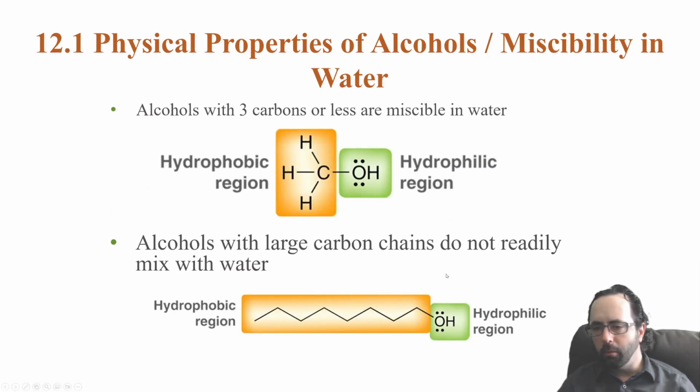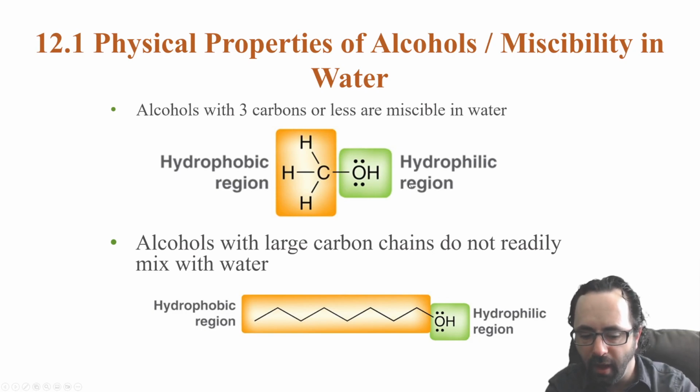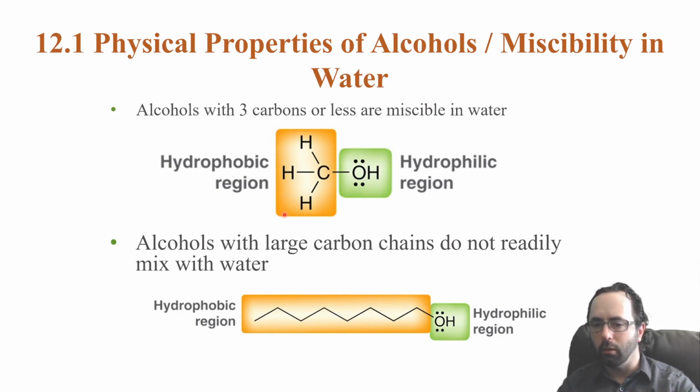In terms of solubility, molecules will dissolve in one another or mix well when they have similar overall polarity. With alcohols, depending on the size of the hydrocarbon chain, you can have a molecule that is quite polar, like methanol, very polar because the polar region takes up most of the entire molecule, with there being just one carbon.